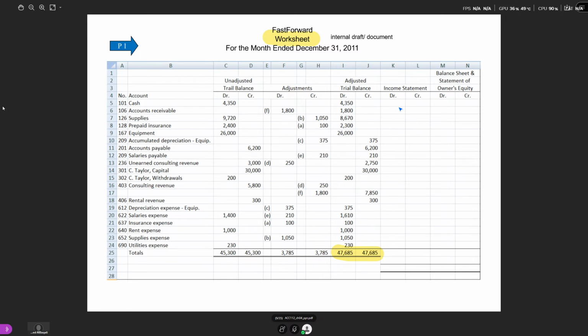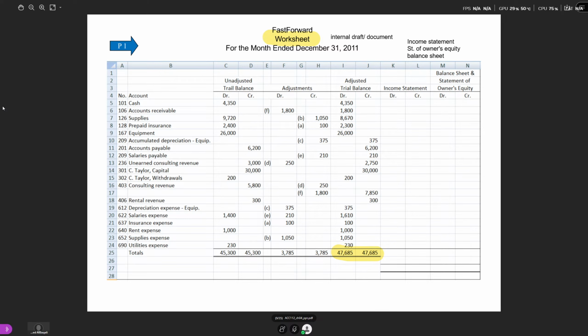So what they do also, as a step that facilitates the preparation of the financial statements, is that they classify the accounts based on where these accounts are going to be presented, in which statements. So in total, in this course, we cover 3 statements: the income statement, the statement of owner's equity, and the balance sheet.